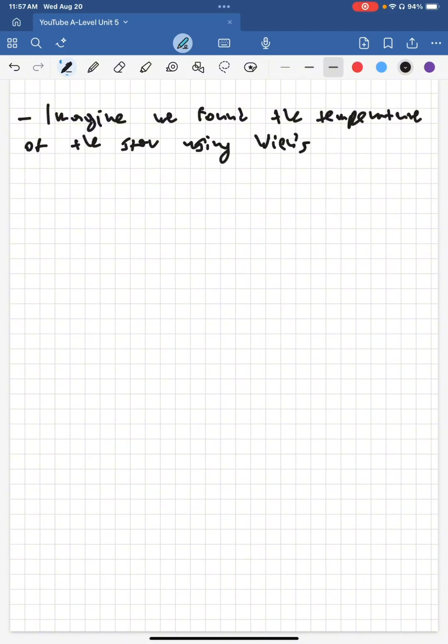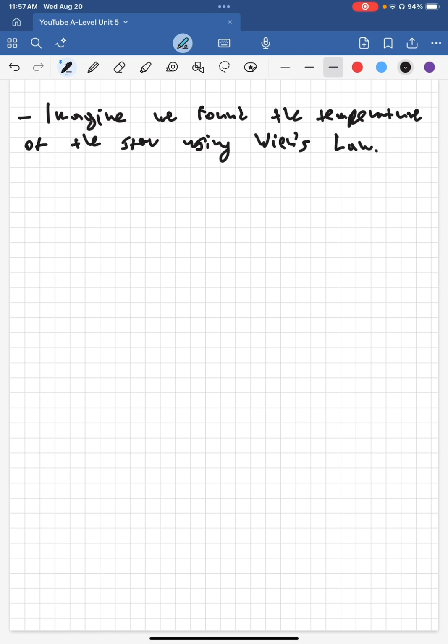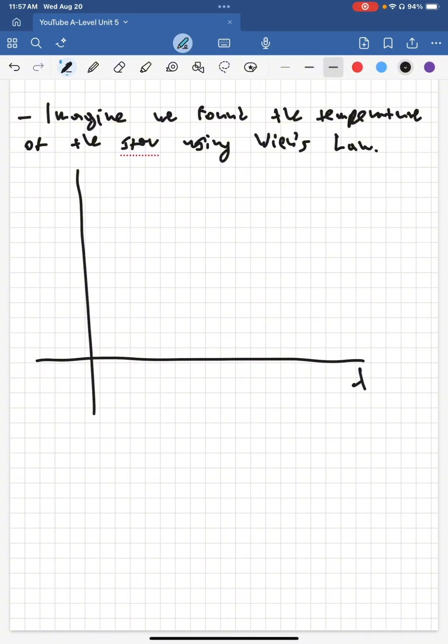So this is something that comes up a lot in actual tests. So what do I mean by that? Remember that there is that curve, the Planck curve, the black body radiation curve. Is it the intensity that we plotted earlier? Let me check. Yes, we plotted the intensity.